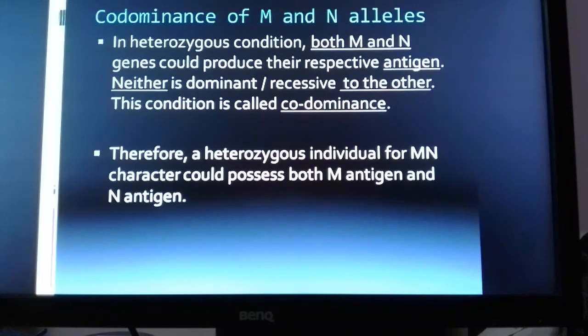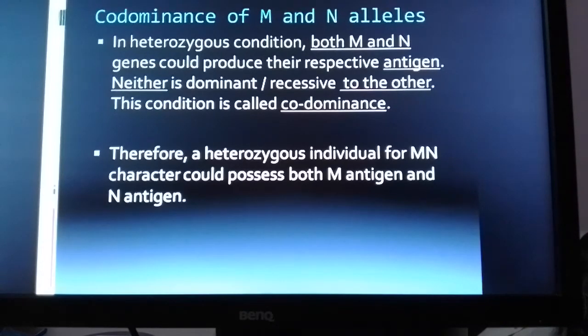Now here, when the individual is in heterozygous condition, heterozygous in the sense that both M and N alleles are present, in such a case both the antigens are available on the red cells of that person. If both alleles are of M type, that is L^M, then the antigen will be M only.